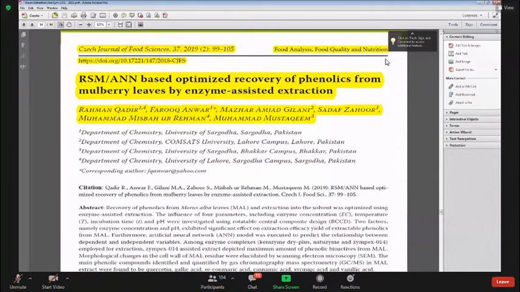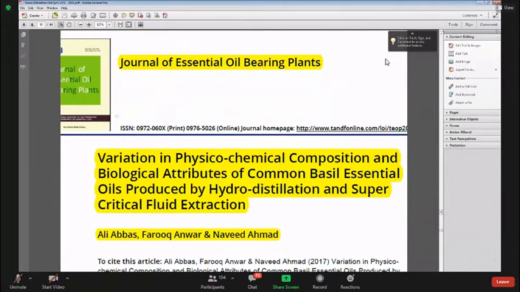In this typical article, we used supercritical fluid extraction to extract oil from basil.